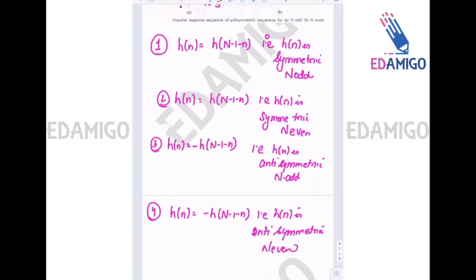Okay, and symmetric and anti-symmetric are about this value of n, that is capital N minus 1 divided by 2. So these four are the cases.